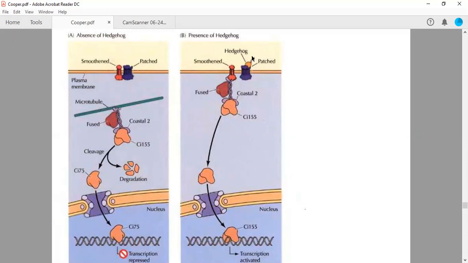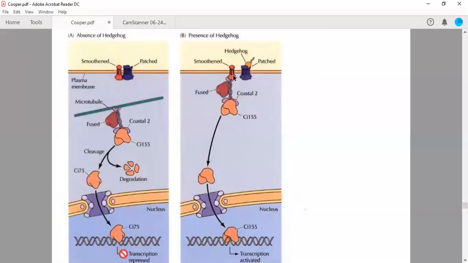This secreted protein will come and bind to the Patched protein. After binding, it undergoes a conformational change and is thus separated from the other protein, the main regulator of this hedgehog pathway.